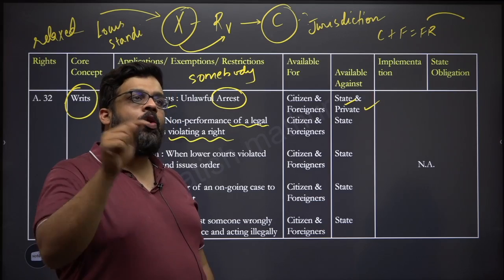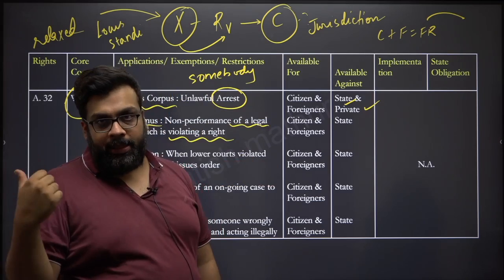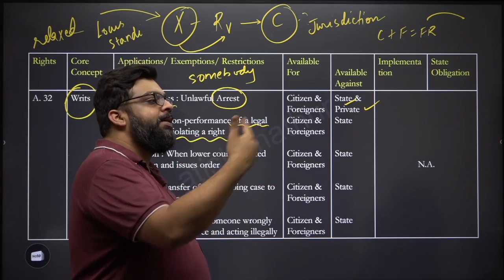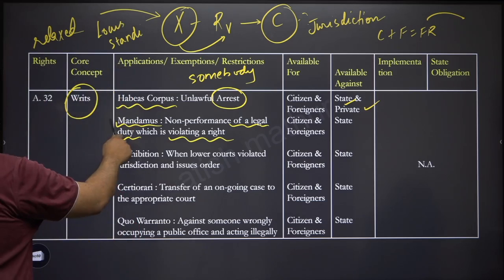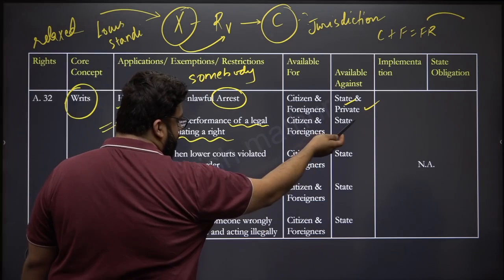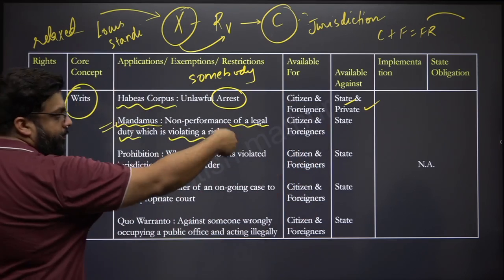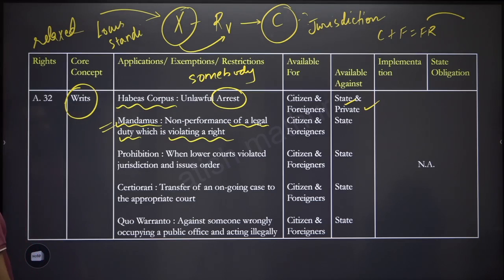So somebody is not doing their legal duty to allow me to board a train, thereby violating my right to a public space, which is the train. So this is called a writ of mandamus, available against citizens and foreigners both, and available by citizens and foreigners both, but against only and only the state, right?